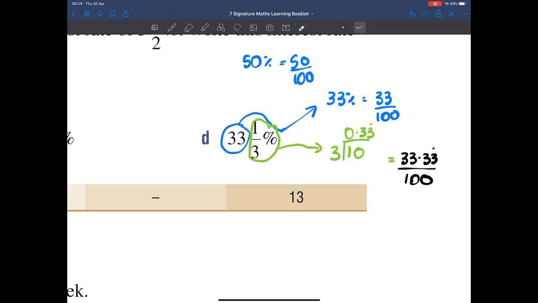So basically, all we had to do was convert the third to a decimal. Now, does anyone see a problem? The problem is that we are left here with a decimal. What do you guys think we could do with that?